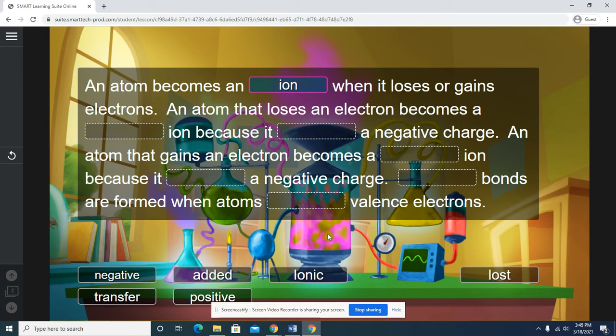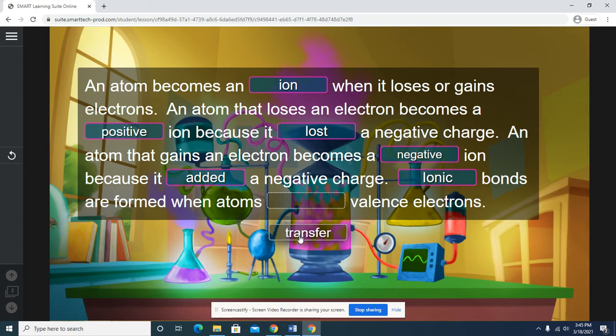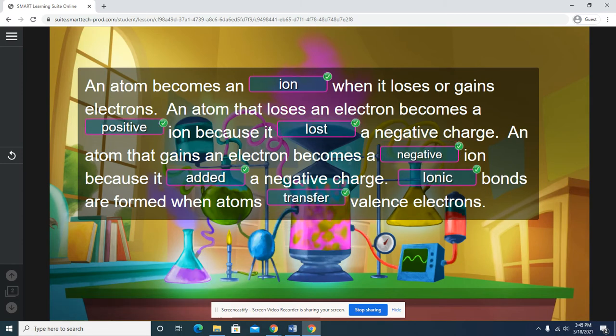An atom that loses an electron becomes a positive ion because it lost a negative charge. An atom that gained an electron becomes a negative ion because it added a negative charge. Ionic bonds are formed when atoms transfer valence electrons.